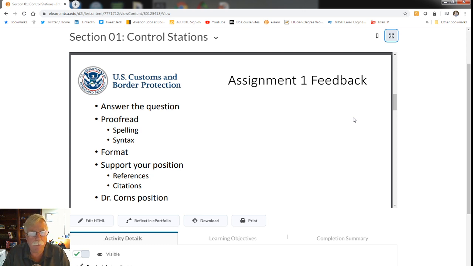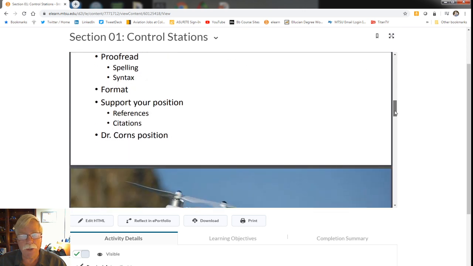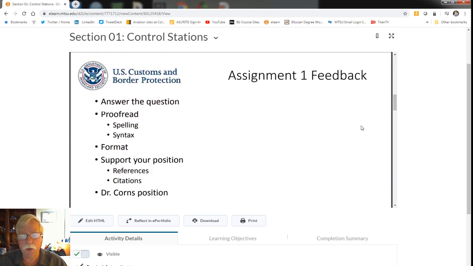So that is just my position. I would rather have smaller units. I'd rather have more of them and put the assets where you need them. So I'm just going to leave it at that. Like I said, there was no right or wrong answer for this. It was just stating your position, and a lot of people lost points because they didn't back up the position.